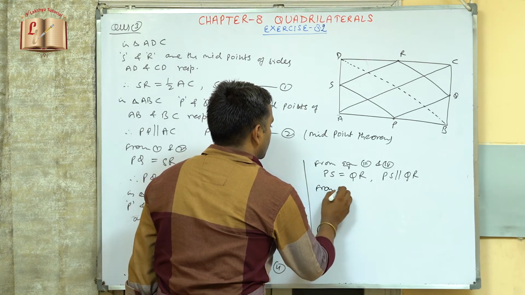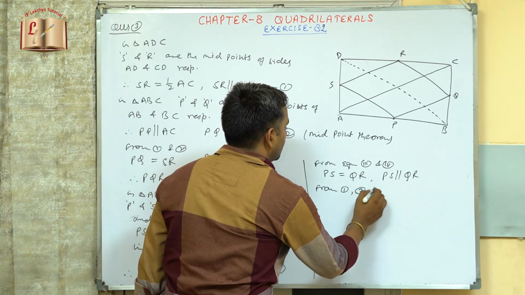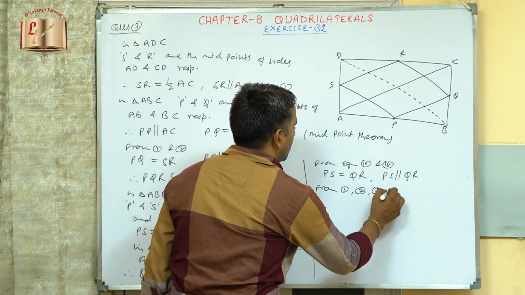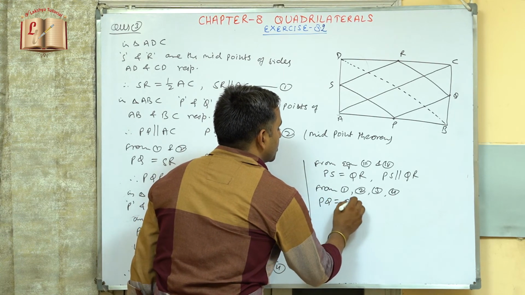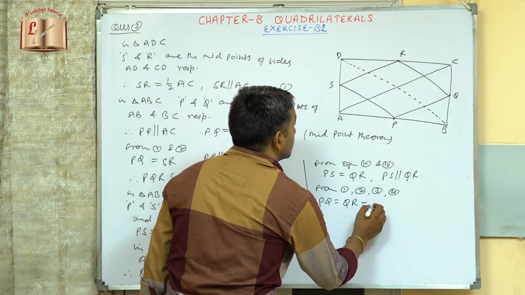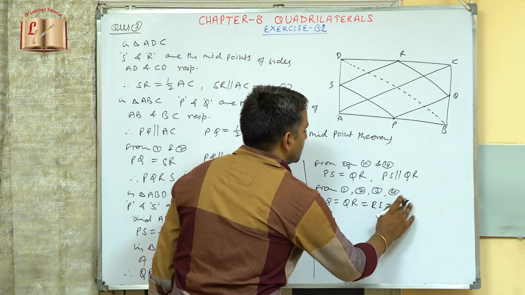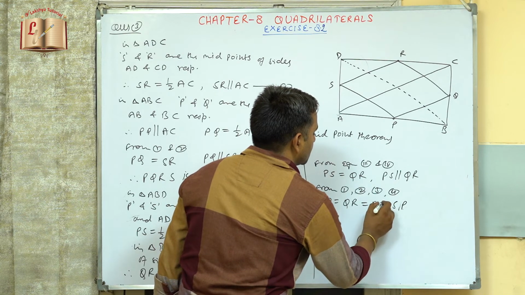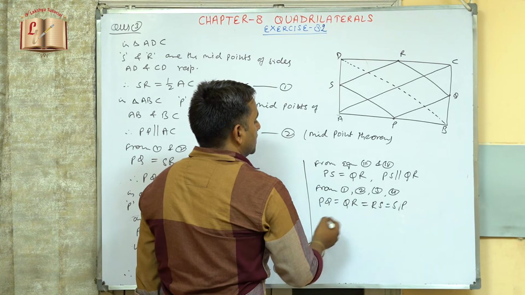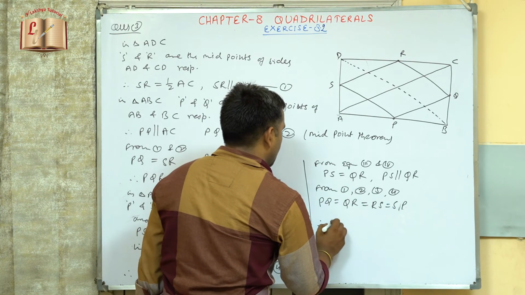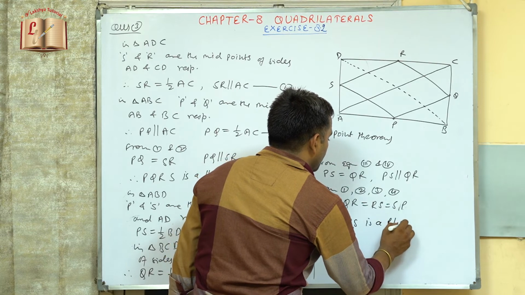From 1, 3 and 4 we got PQ is equal to QR is equal to RS is equal to SP, because these are equal. Therefore we can write PQRS is a rhombus.